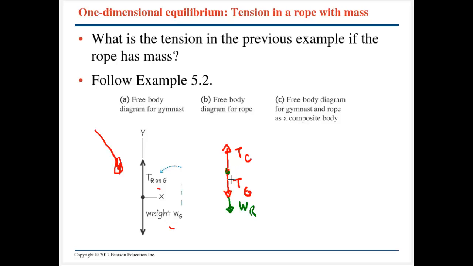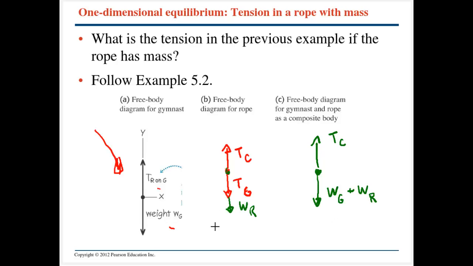And we can look at this as a composite body, where if I look at the free body diagram for the rope and the gymnast, then downwards I'm going to have the weight of the gymnast plus the weight of the rope, and upwards I'm going to have the tension of the ceiling.